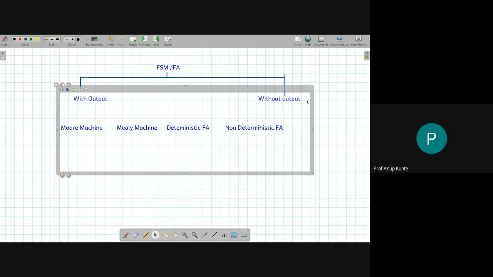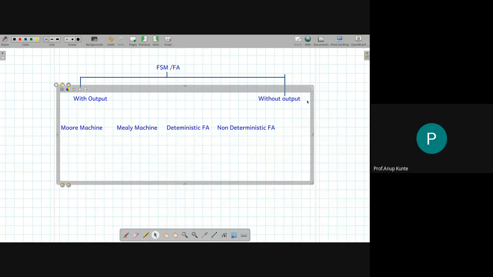These are two. And the last category that we have is NFA with epsilon. Okay, so these are the three categories that we have under without output.